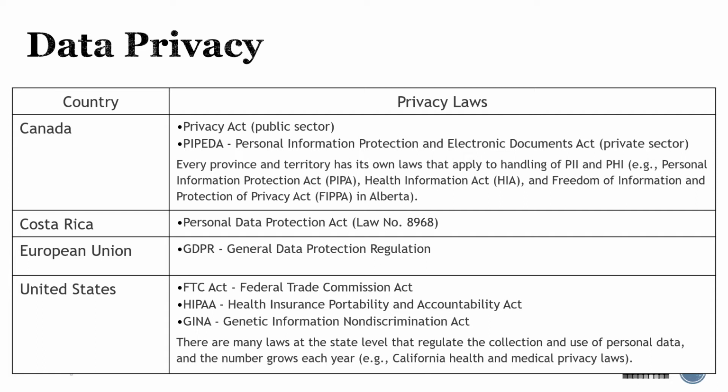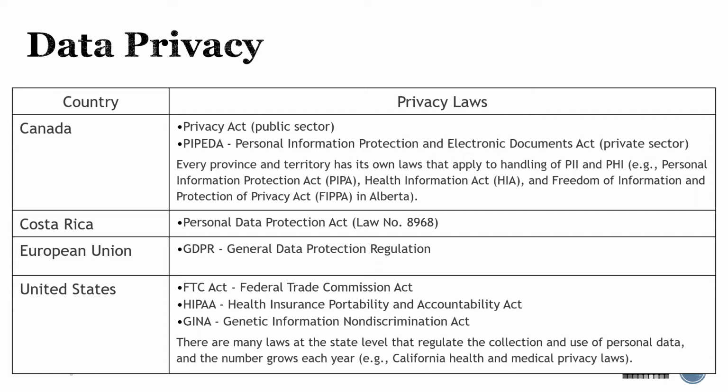If you look to other jurisdictions, I've put, of course, at the bottom here, United States, which is probably the other biggest jurisdiction that you may deal with when trying to gain access to data. In this case, what you've probably heard of most commonly is HIPAA, which is the Health Insurance Portability and Accountability Act, and that is the federal act that governs access to private health information. Just out of interest, I've put a couple more.